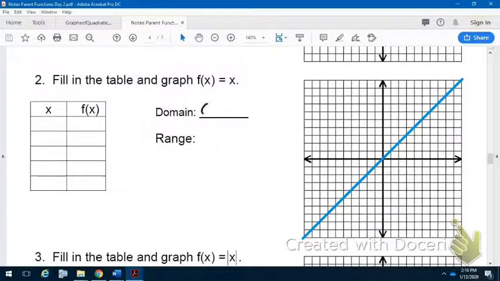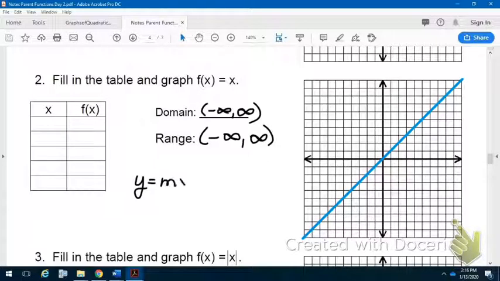The domain is negative infinity to positive infinity, and the range is negative infinity to positive infinity. When we see graphs, we're going to use y equals mx plus b. We're not going to worry about left, right, up, down.